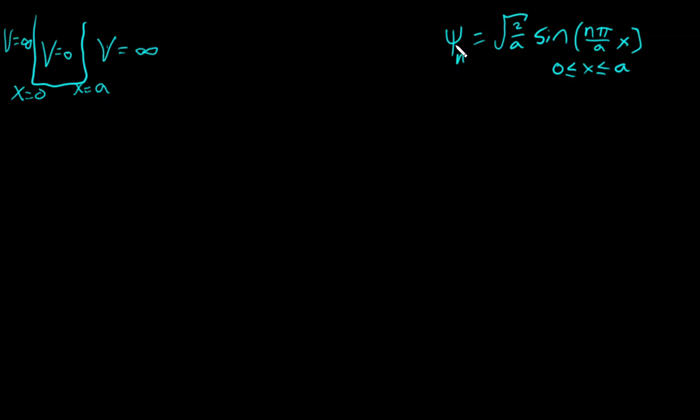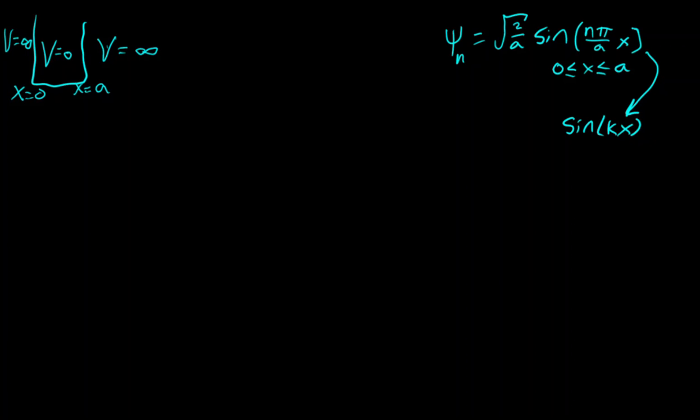We wrote the wave function, psi n equals root 2 over a, sine of n pi over a x. And you may notice that we actually did use the letter k. This is in the form sine of kx, which is the familiar waveform that we're used to.